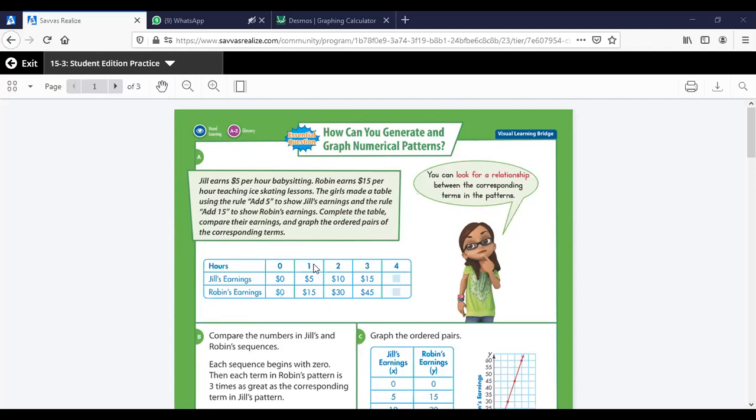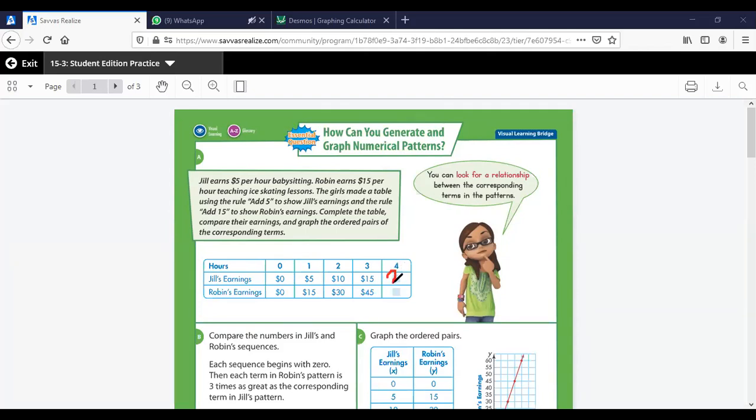In 1 hour, Jill will have $5 and Robin will have $15. In the second hour, I will start by adding fives. So 5, 10, 15, 20, right?